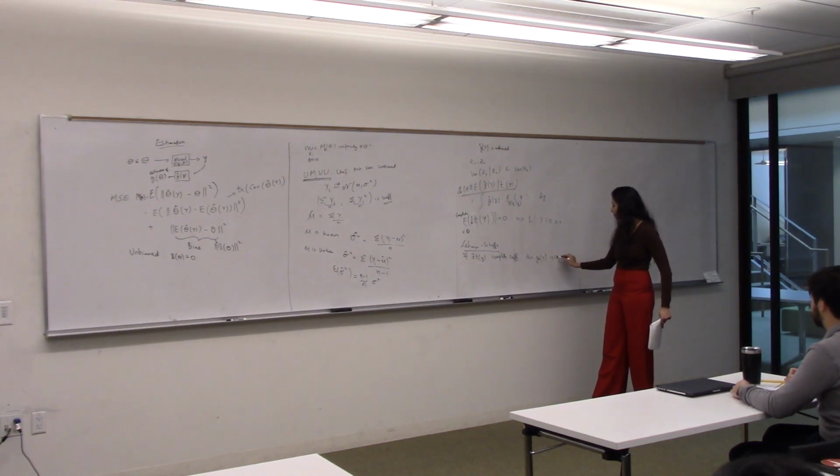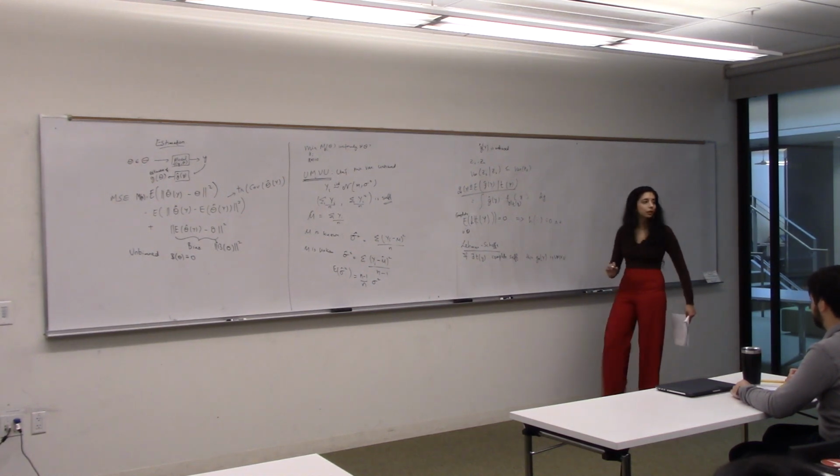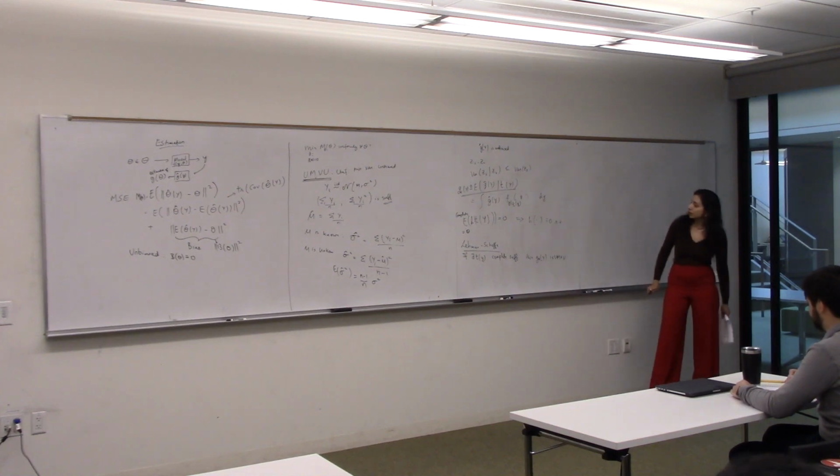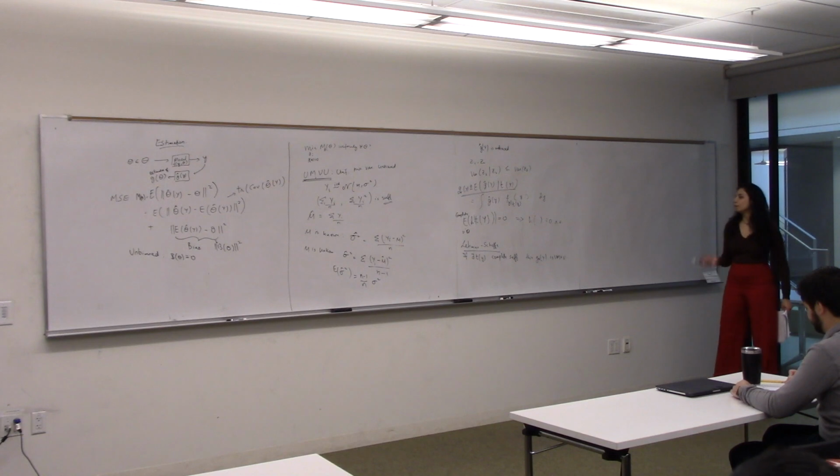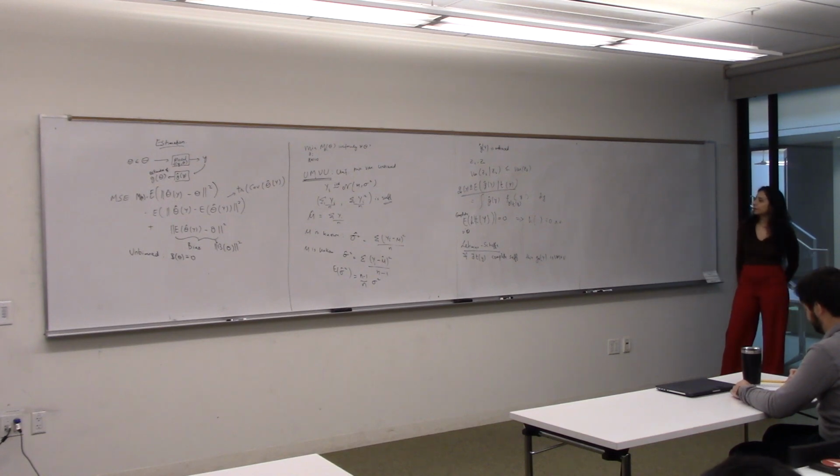The complete one is always minimal, right? But the minimal need not be complete. But for exponential family, they coincide.